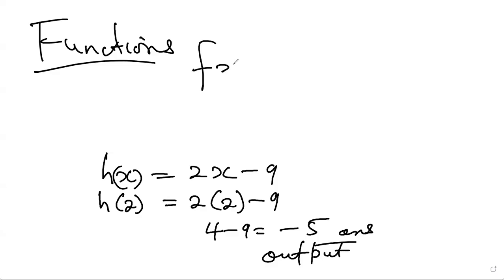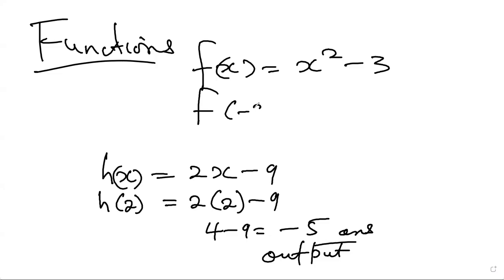Suppose we have f of x is equal to x squared minus 3, right? And they ask us to find f of negative 2. So, same procedure, it doesn't make a difference. We substitute negative 2 for x, put our square. Once a number is squared, it's going to be positive, right?